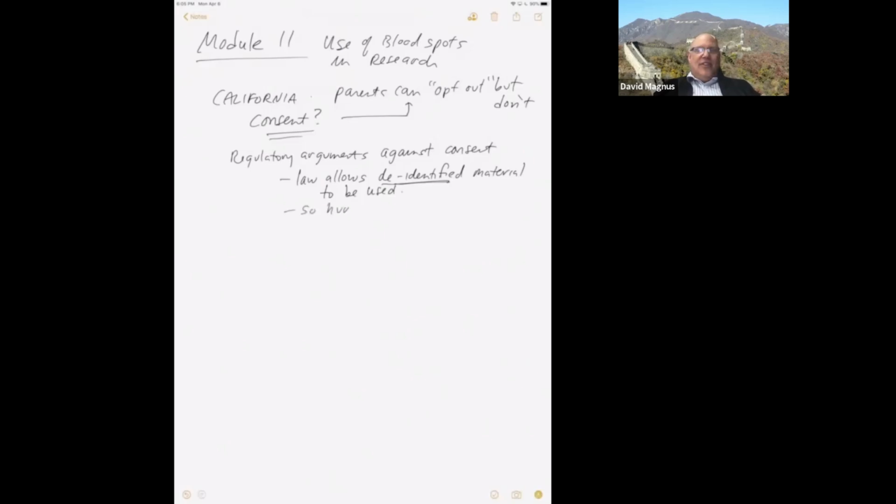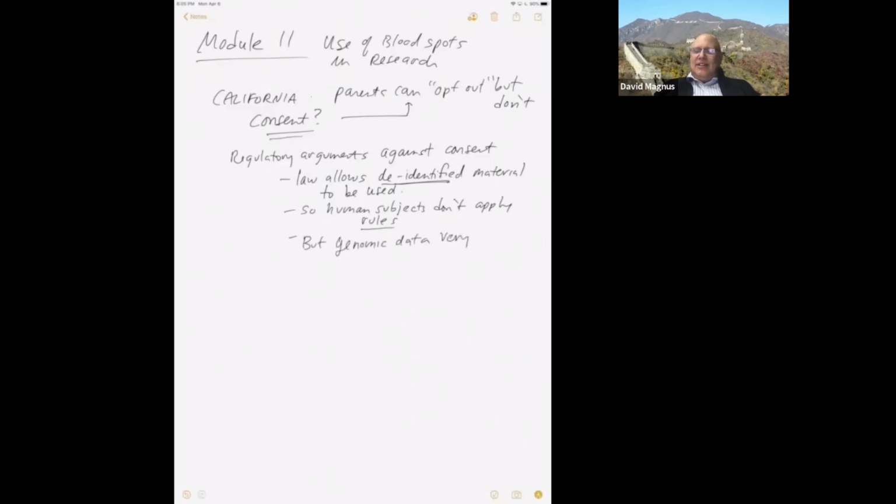However, this has really been the basis of why a lot of this blood spot research has taken place. However, and we're going to be talking about this issue of re-identification in much more detail in a future class, the idea that you could have data, and especially genomic data, and claim that it's de-identified has become increasingly problematic.